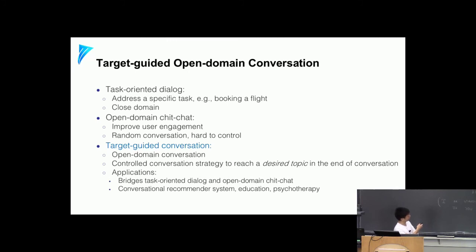This is an open domain conversation, and we want to control the conversation strategy so that the conversation will reach a desired topic at the end. This type of conversation can be useful in practice, like recommender systems. Starting from whatever topic, the agent will talk to the user and guide the topic to a specific entity or product, so that the agent can start recommending this product to the user.